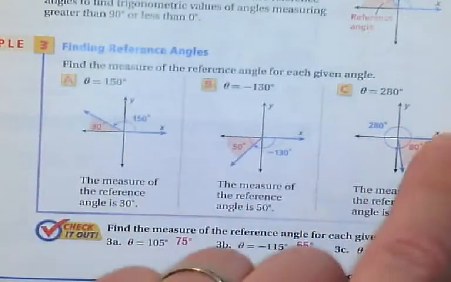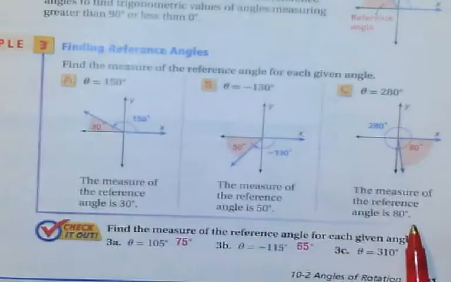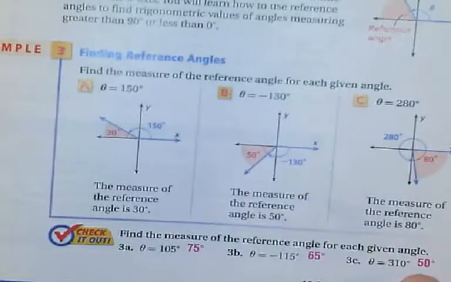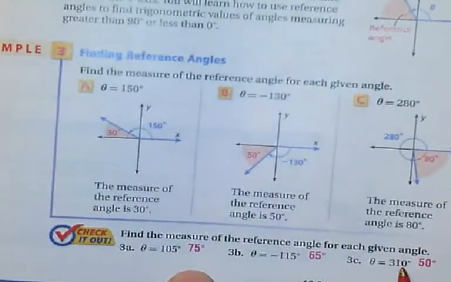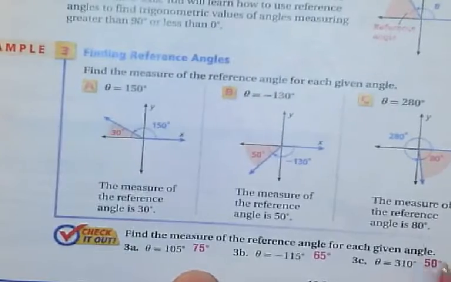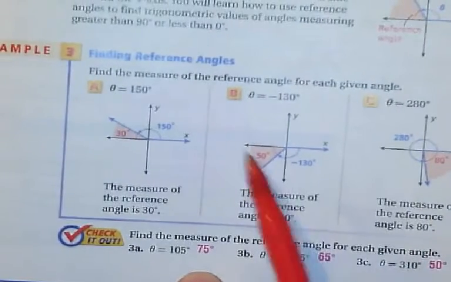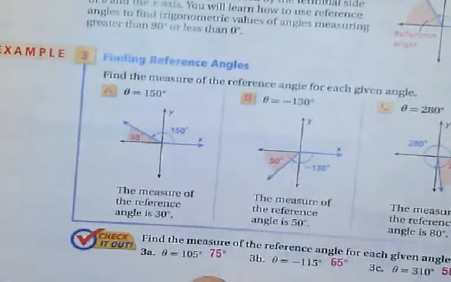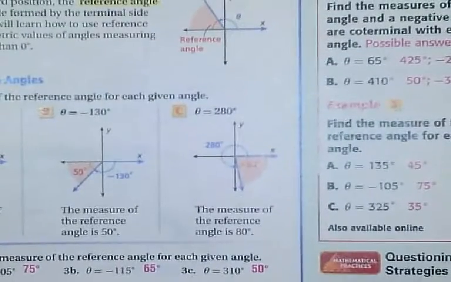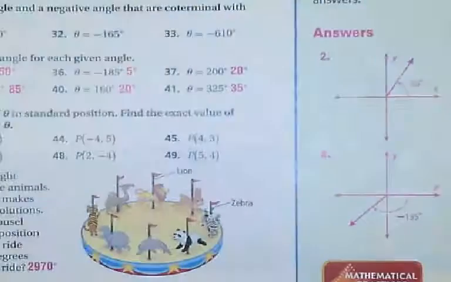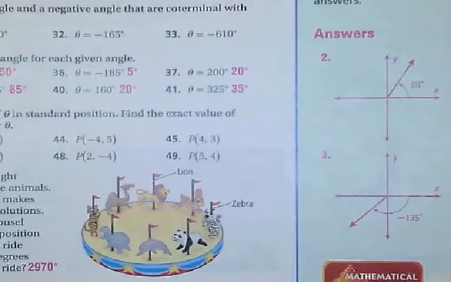How far away is it from 360? It's only 50 degrees away from 360. So it's easy to measure the reference angles if you measure from the x-axis and then subtract, right? Nothing to it. Let's see, what's the other thing?